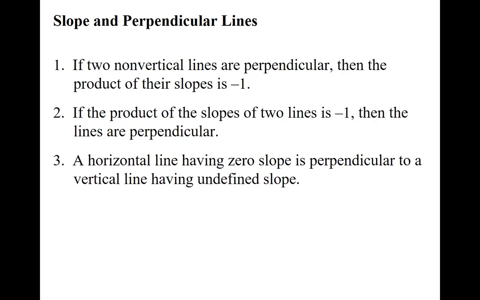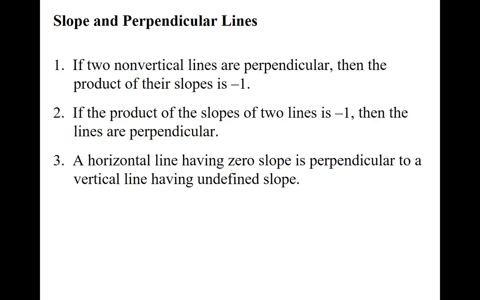If the product of the 2 slopes of 2 lines is -1, then the lines are perpendicular. And a horizontal line having 0 slope is perpendicular to a vertical line having undefined slope. And that goes both ways. A vertical line is perpendicular to a horizontal line.